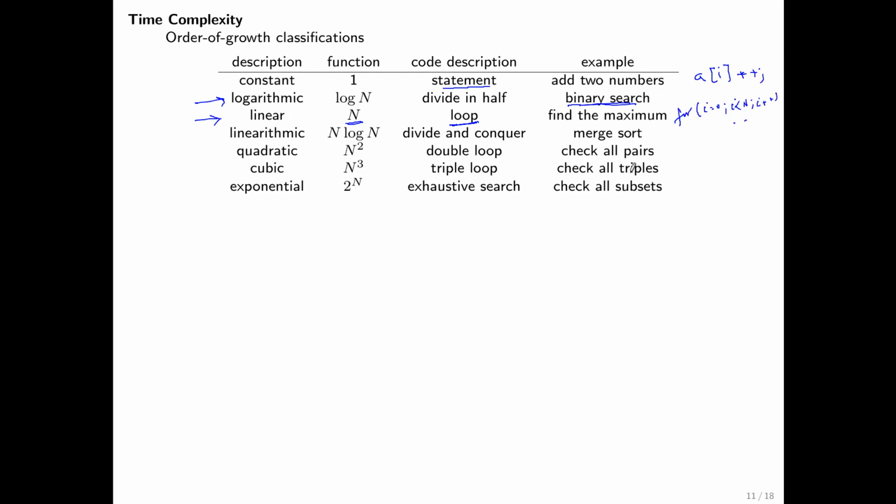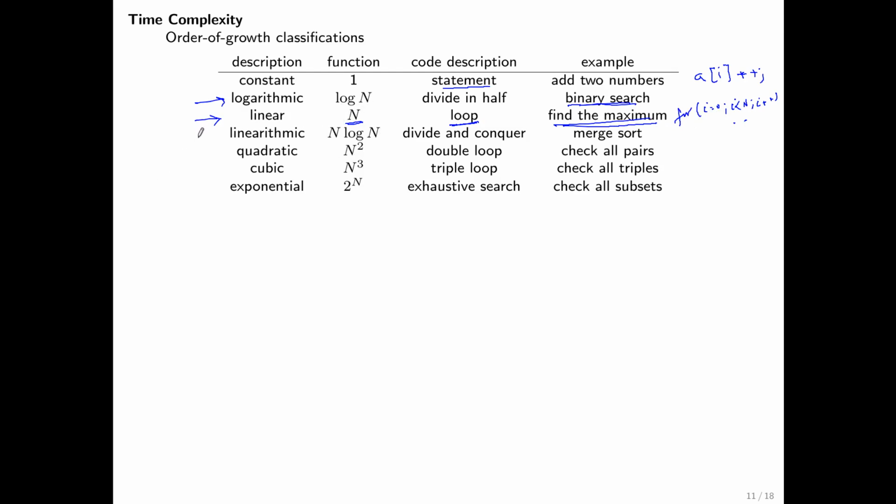A good example to keep in mind is finding the maximum of a collection of n items. If I give you an array A that has n items, how do you find the maximum value in that array? You do it using a single for loop, and that code will have a running time that is linear.